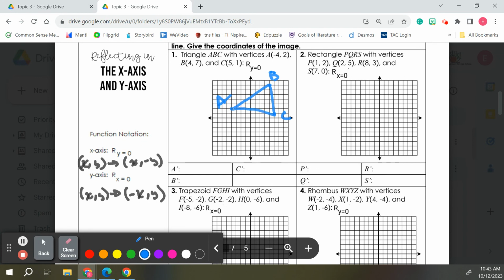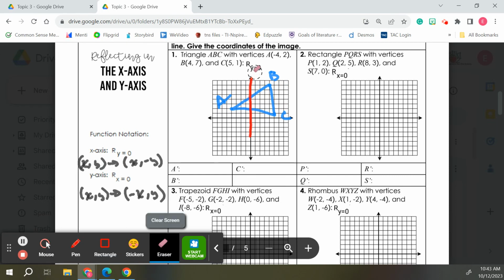Now they're telling me that we're talking about a reflection over y equals 0. Y equals 0 is right here. Oh, I'm sorry. Nope, it's not. That's x equals 0.